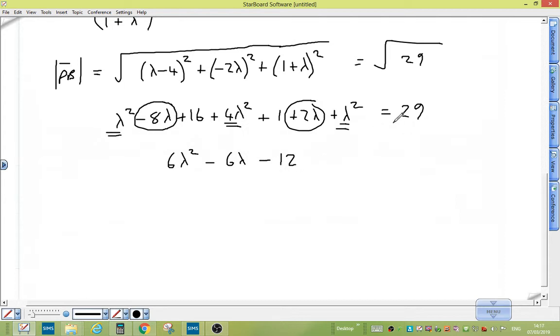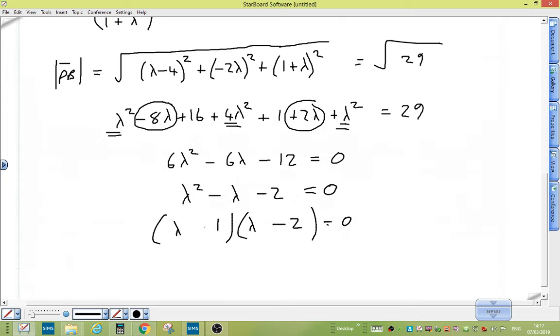Okay, so let's check that again. 17 take away 29 is minus 12 when it comes over, equal to 0. Divide by 6: lambda squared minus lambda minus 2 is equal to 0. Factorize it, and you get lambda, 2 and 1, a minus and a positive. So lambda could equal minus 1, or lambda could equal positive 2.